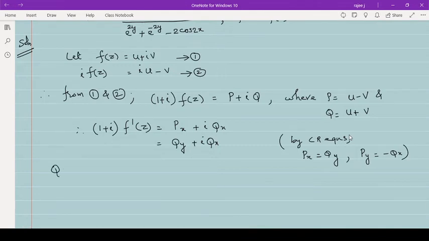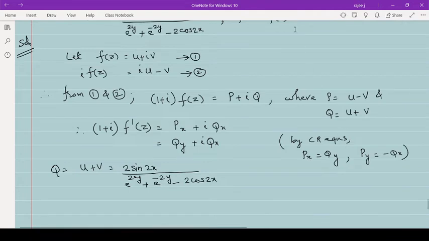Now q = u + v, which is equal to what is given: 2 sin 2x divided by (e^(2y) + e^(−2y)) − 2 cos 2x.